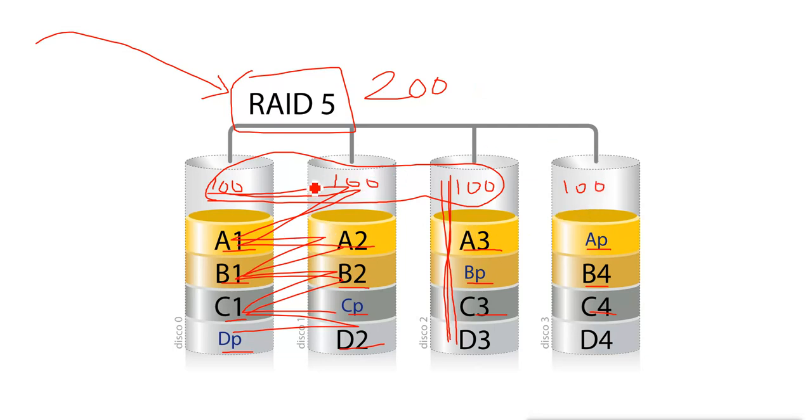That means you are getting the maximum space. You will lose only the space of one disk for parity.